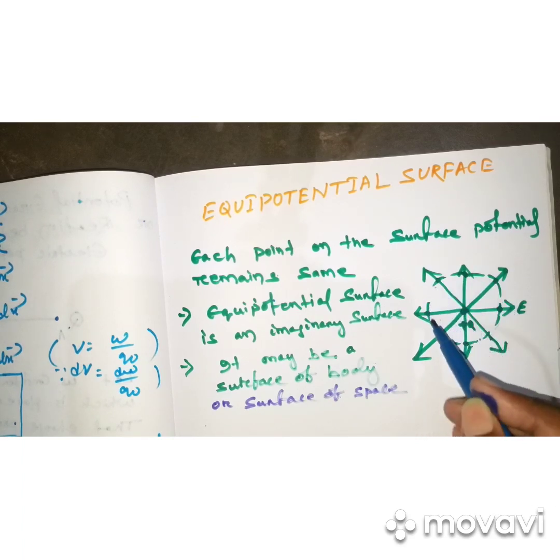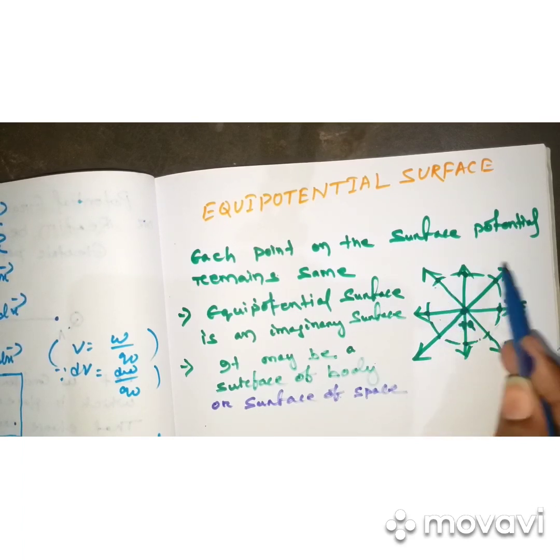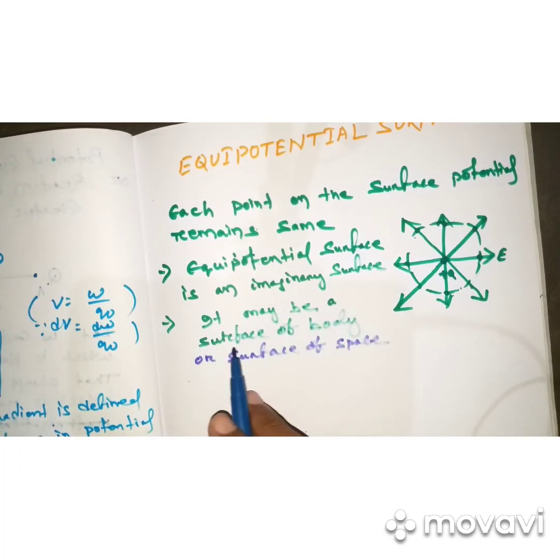So each point on the surface, potential remains constant. If you assume that is a ball, each point on the surface, the potential remains constant. That means each point on the surface is at a certain distance r from the center. Clear? So it may be a surface of a body or surface of space. Clear?